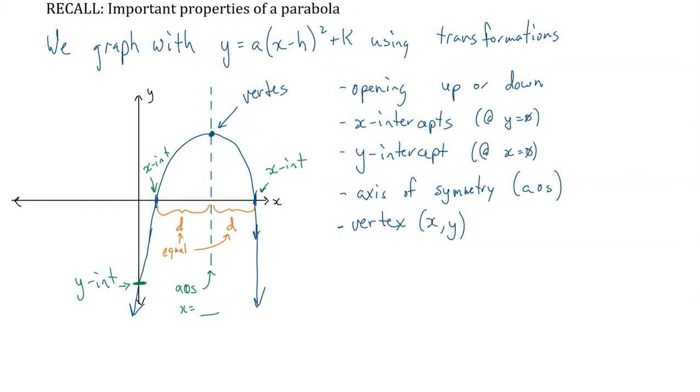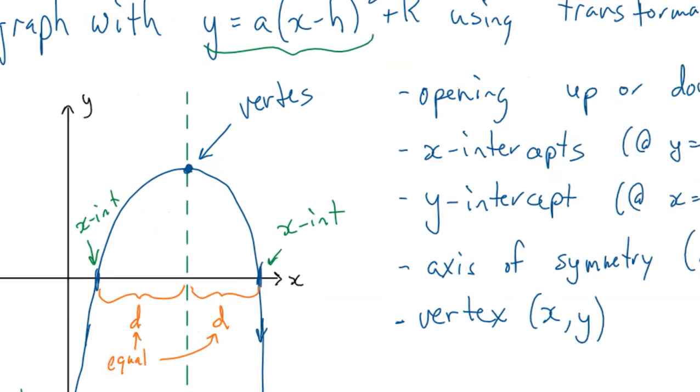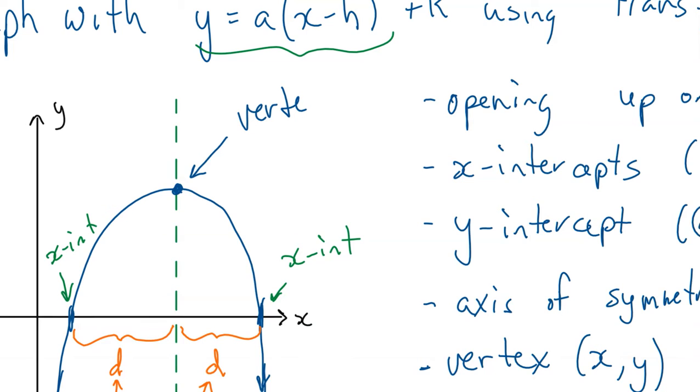We good so far? We were graphing with vertex form. Vertex. This was vertex form.